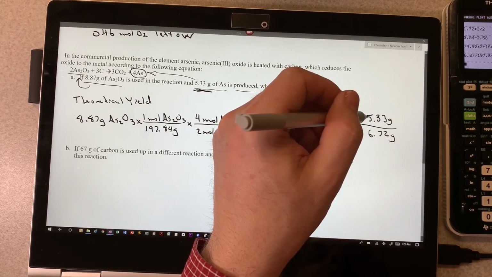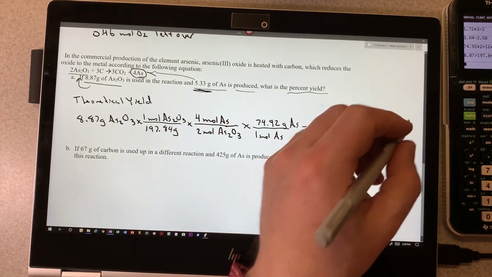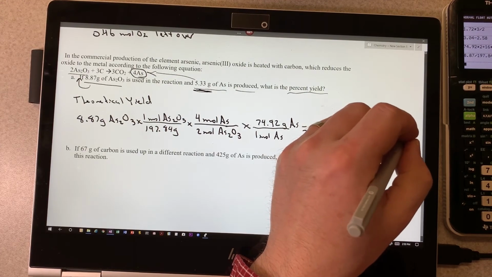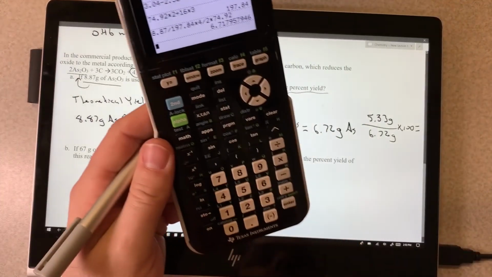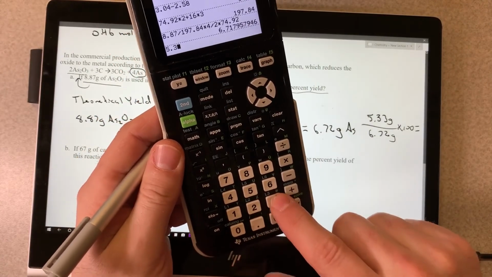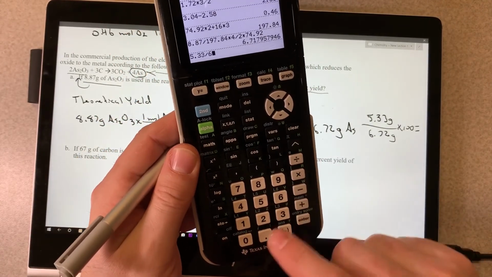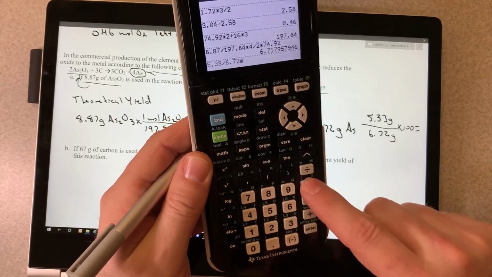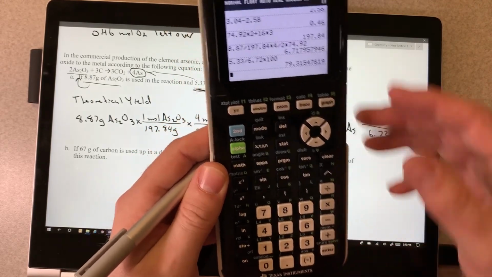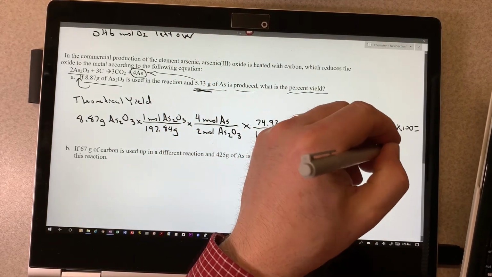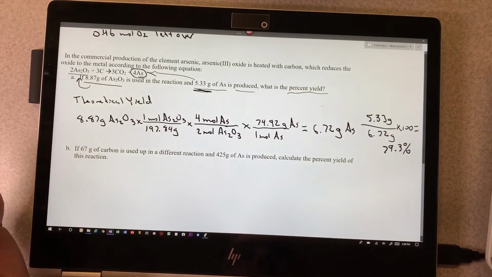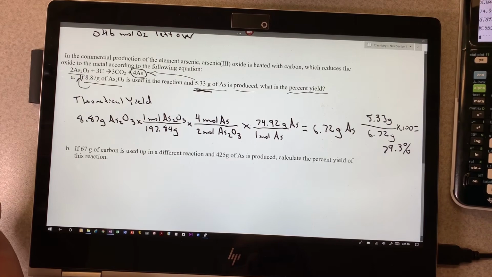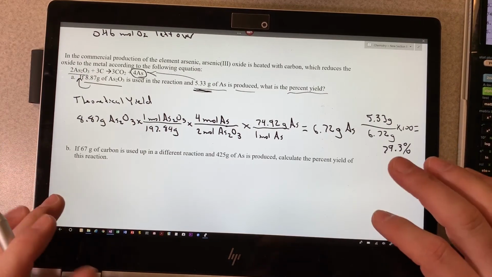My actual divided by my theoretical times 100 will give me the percent. 5.33 divided by 6.72 times 100, and I get 79.3% as my percent yield.